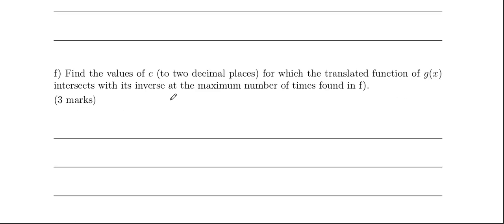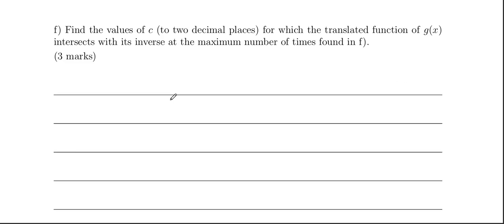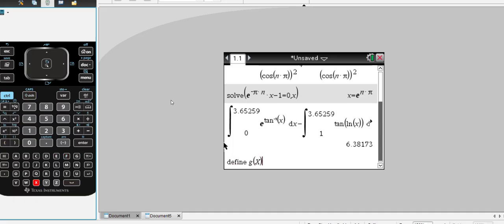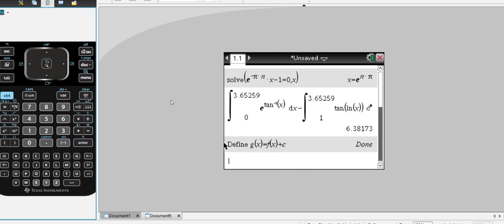Find the values of c to 2 decimal places for which the translated function of g intersects with its inverse at the maximum amount of times found in the previous part. All right. So I'm going to define g of x as f of x plus c.